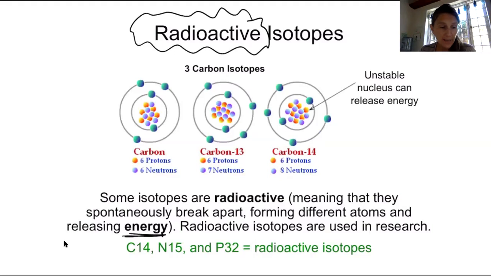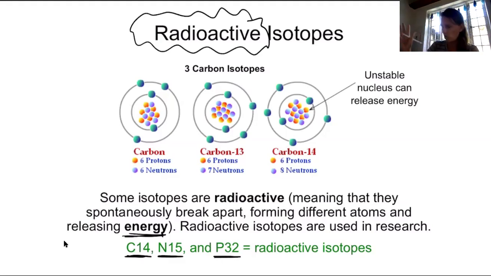And scientists have kind of hijacked radioactive isotopes as a way to conduct certain experiments, right? So here we have the ones that we're going to see in this class: carbon-14, nitrogen-15, and phosphorus-32.